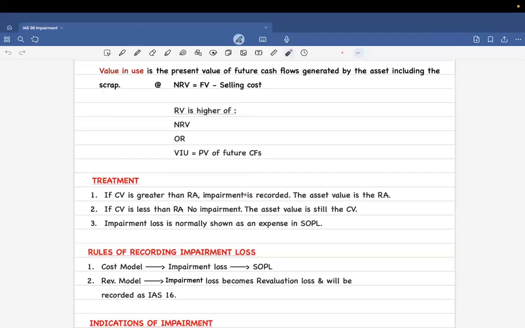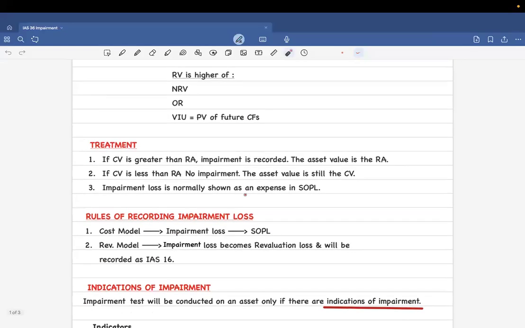Understood? Now the treatment. If the carrying value is very high, but the recoverable amount is much lower, then we have to record impairment. After that, the asset value becomes the recoverable amount. Now, suppose the carrying value is low, that is, net book value is very low, and the recoverable amount has increased.